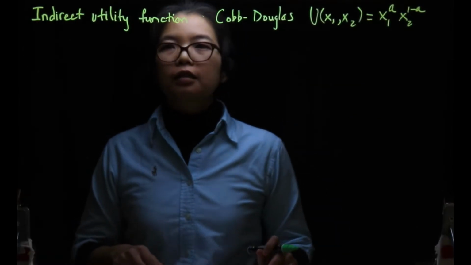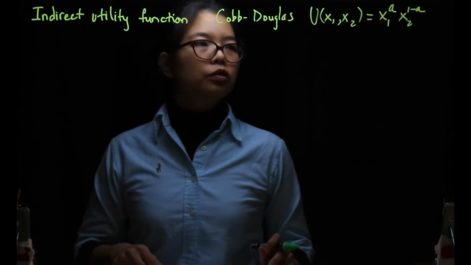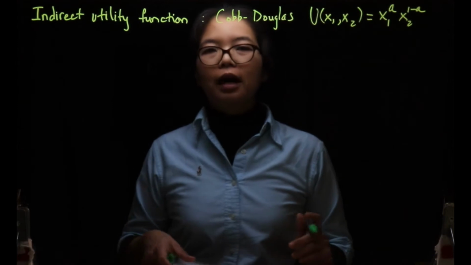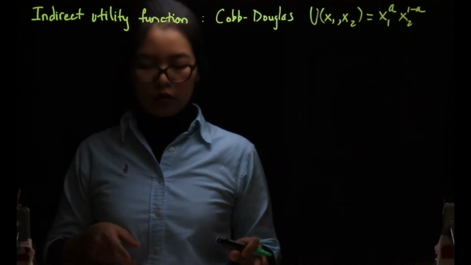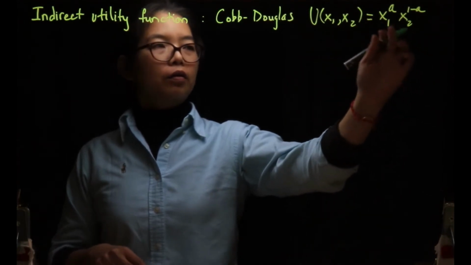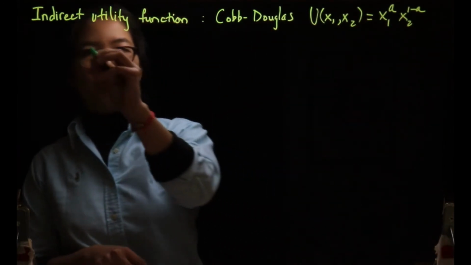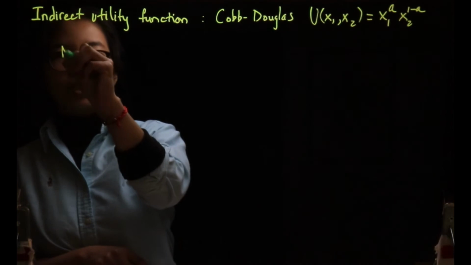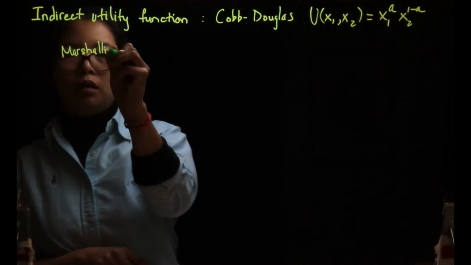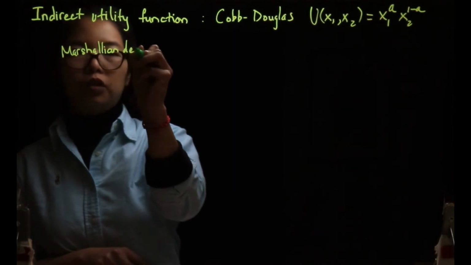So now let's again come back to the Cobb-Douglas utility function and do one example for the indirect utility function. So we already know that this is the functional form, but we have solved for the Marshallian demand function.